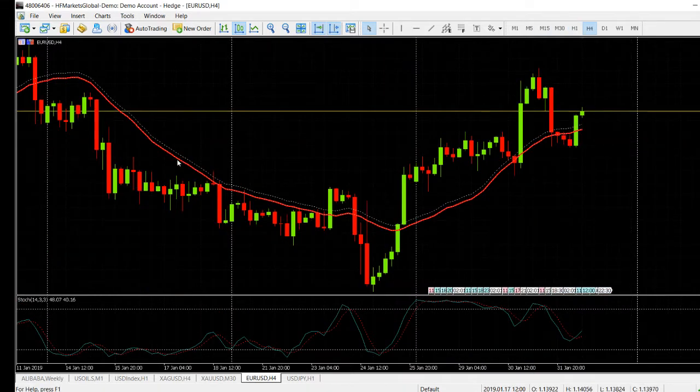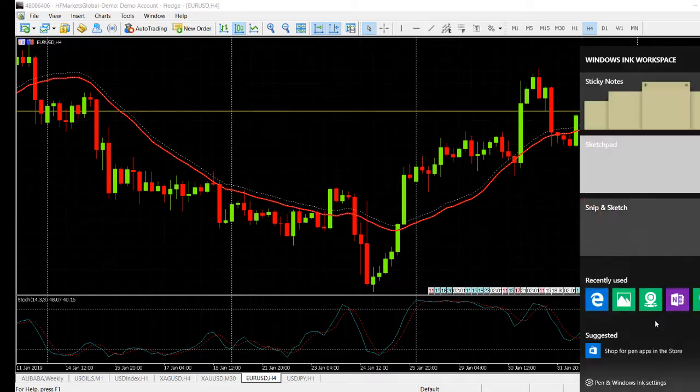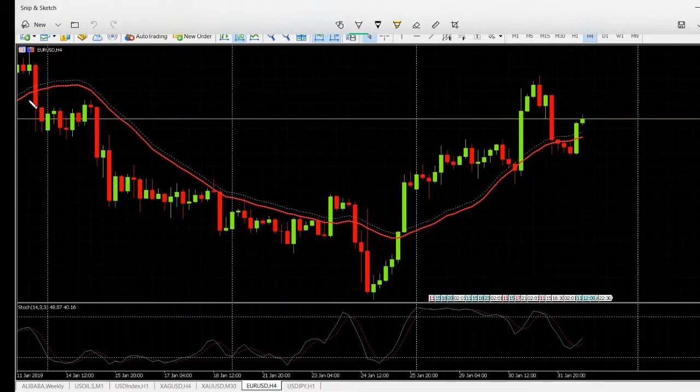With this moving average, if you go to the 4 hour chart, first of all let's find out the trend. Here in the 4 hour chart, it shows us the trend is down. We are in a downtrend, right?